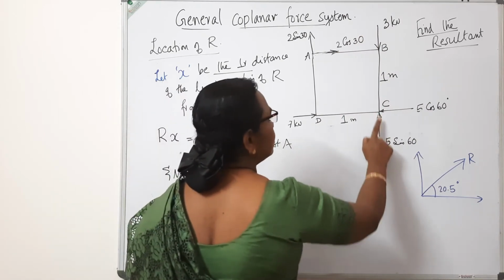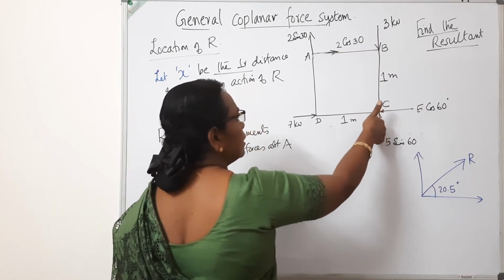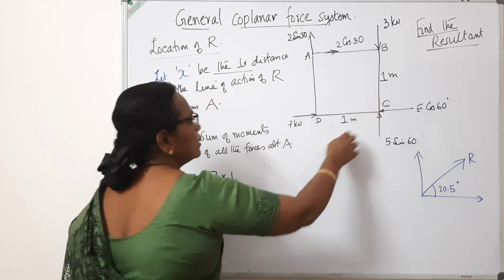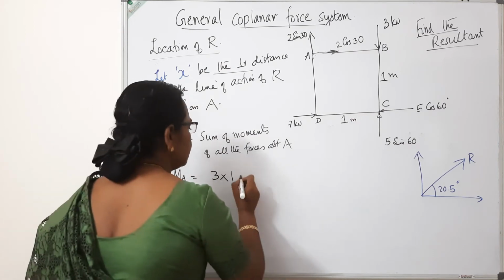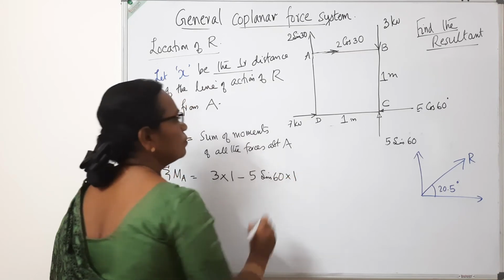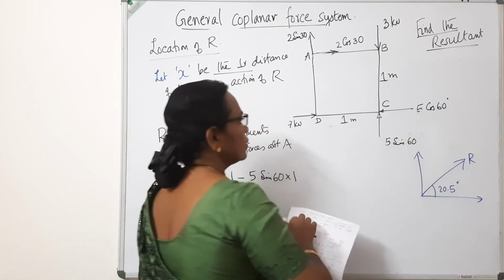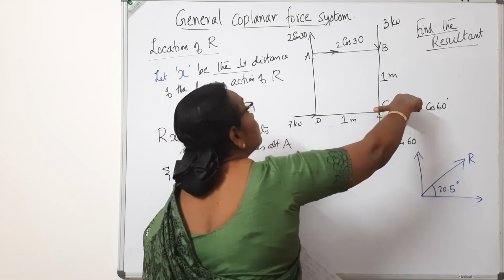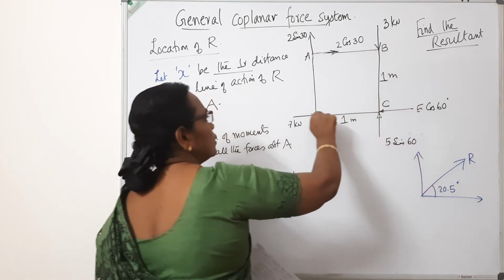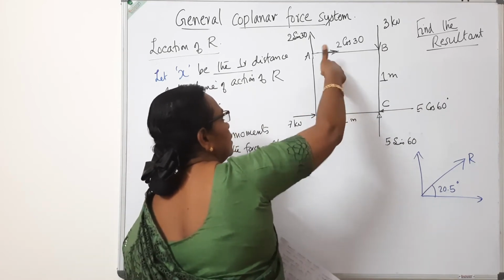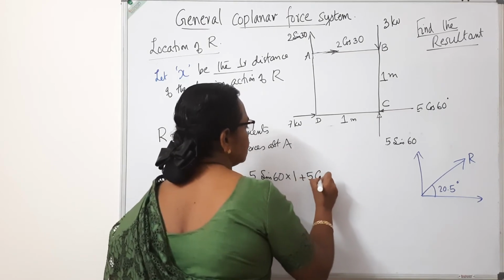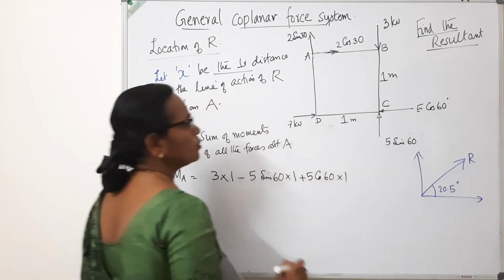Then this 5 sin 60 upward, it rotates in the anti-clockwise direction and the distance is 1 meter. So minus 5 sin 60 into 1. Then this 5 cos 60, the moment about this point, this is the line of action of this force, so it can come up to this. 5 cos 60 into 1 clockwise, this produces clockwise.